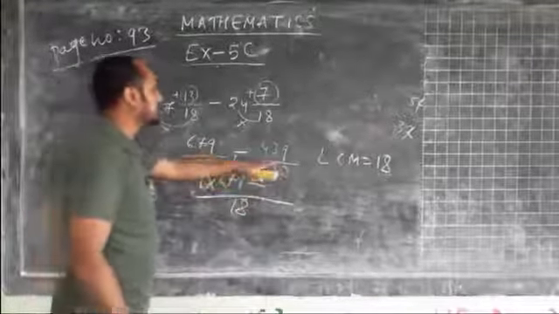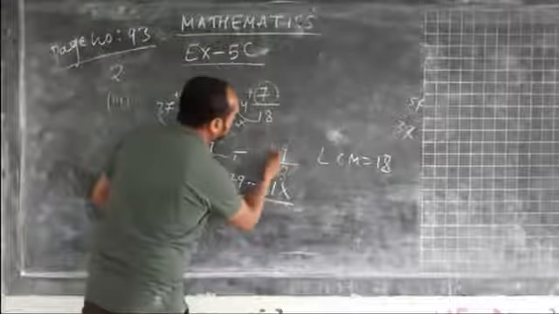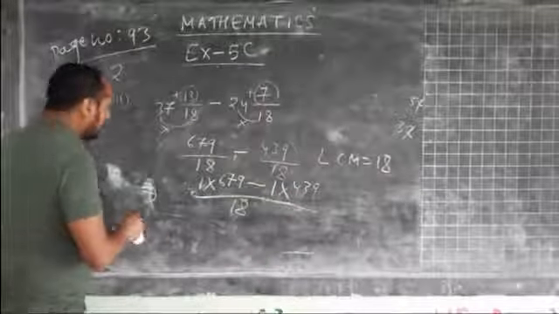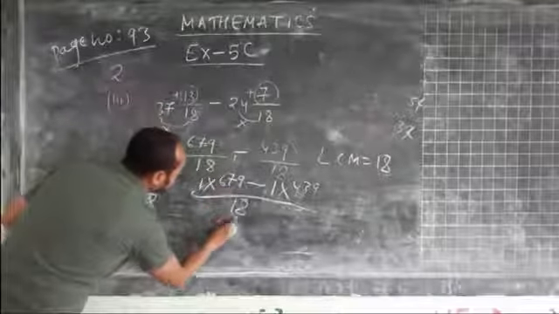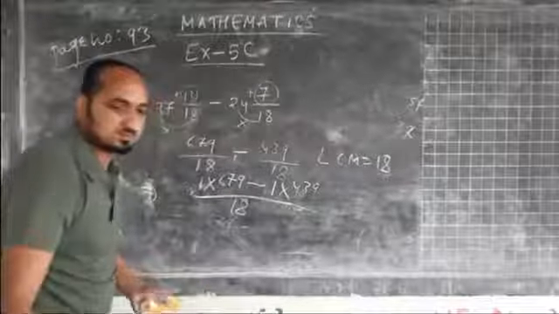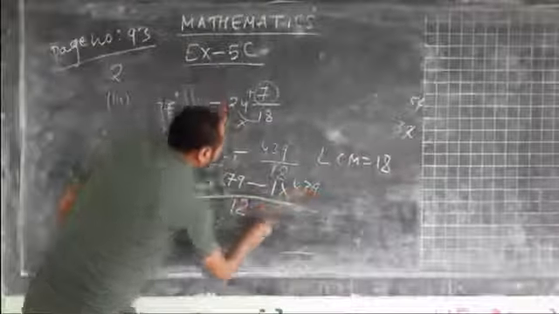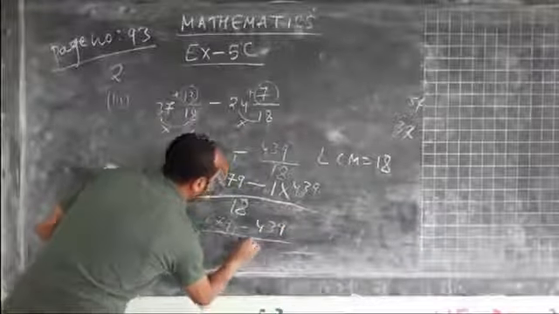Again if you divide this 18 by 18, it will go 1 time, 1 into 439. Now the next step, we have 1 into 679 means 679 minus 439 divided by 18.